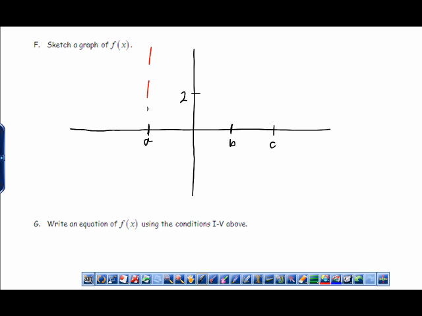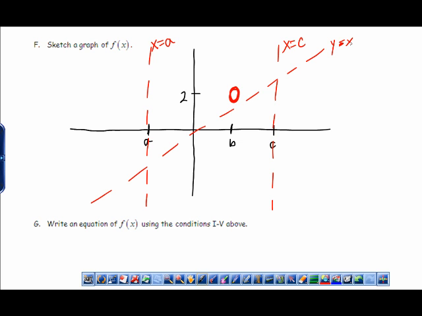A and C are vertical asymptotes. And we still need to go ahead and label x equals c, x equals a. And then I have a hole right there. I'm going to make it nice and big so that we can see it. Okay, we have y equals x as our end behavior.